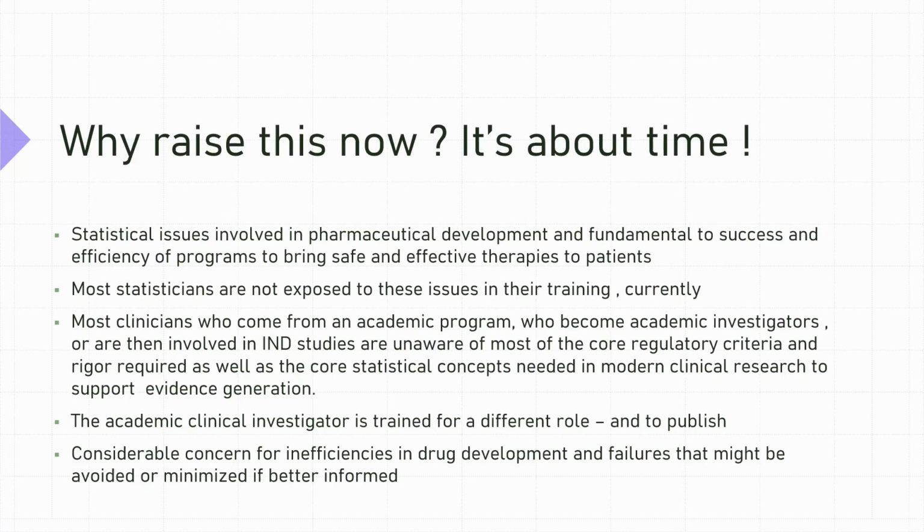Also, most clinicians who come from the academic program, who become academic investigators, or are maybe supported by the NIH clinical grants, and then are involved in IND studies, are unaware of most of the core regulatory criteria and rigor required. They're mostly interested in and trained for a different role, and that is to publish.